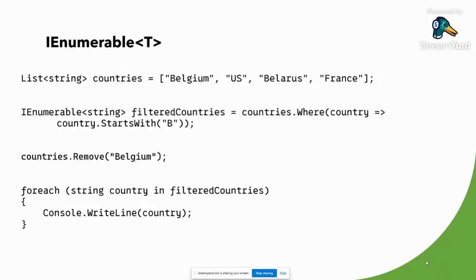Make sense? Questions? All right. Again, typical interview questions. If you do not know this, this is called deferred execution, by the way. If you do not know this, you will get into trouble at some point.